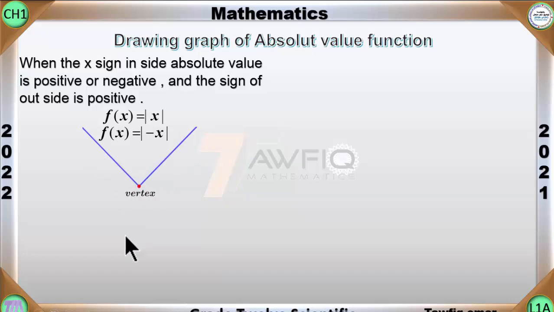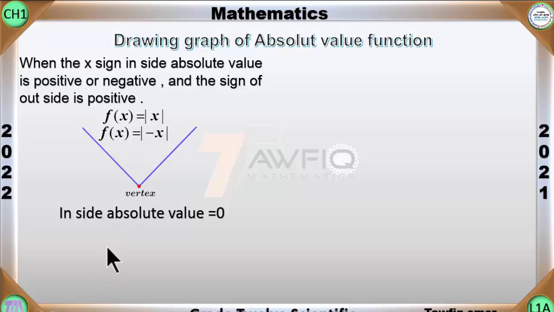To find the vertex, take the expression inside the absolute value equal to 0, solve the equation and find the value of x.